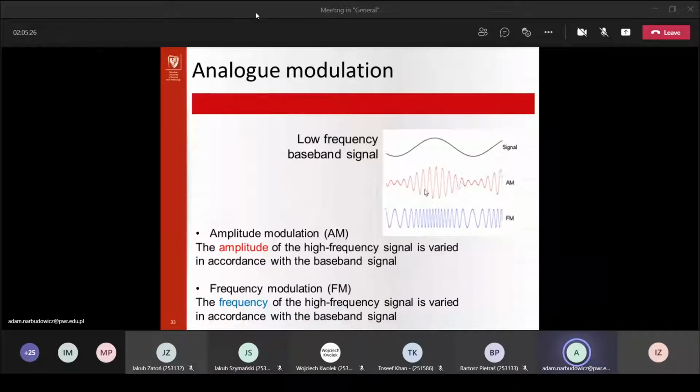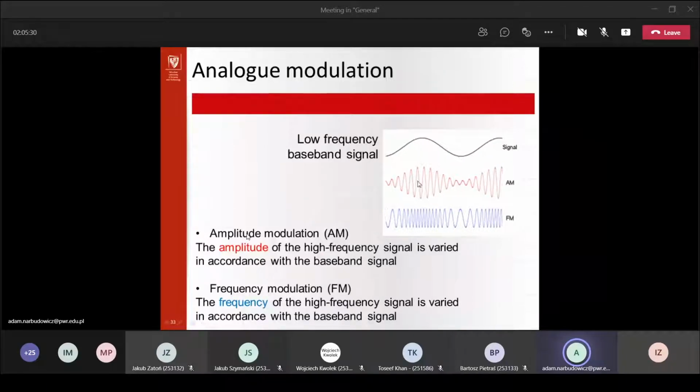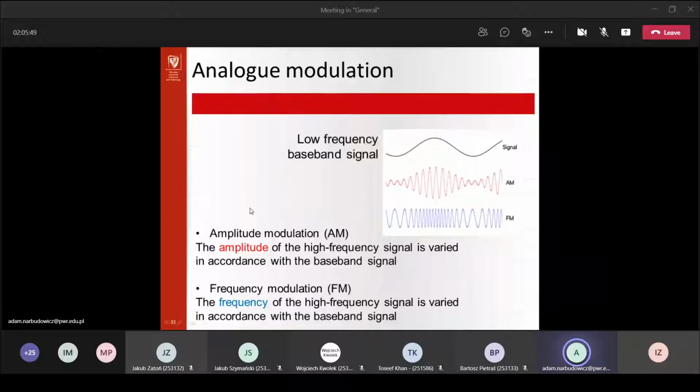So how does it work? Well, in the red case, amplitude modulation, we simply have our high frequency, rapidly changing radio signal, and we introduce small changes of amplitude, which correspond to the changes of our original signal that we want to send across, right? And this is basically the end effect.